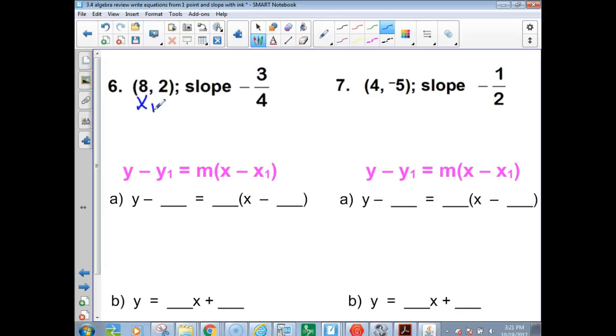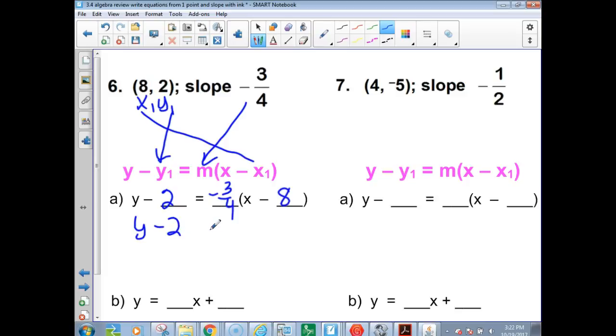X1, Y1. 2 goes here. Negative 3/4 for m, and 8 for x1. So then I'll simplify. Now you have a calculator that can do this.